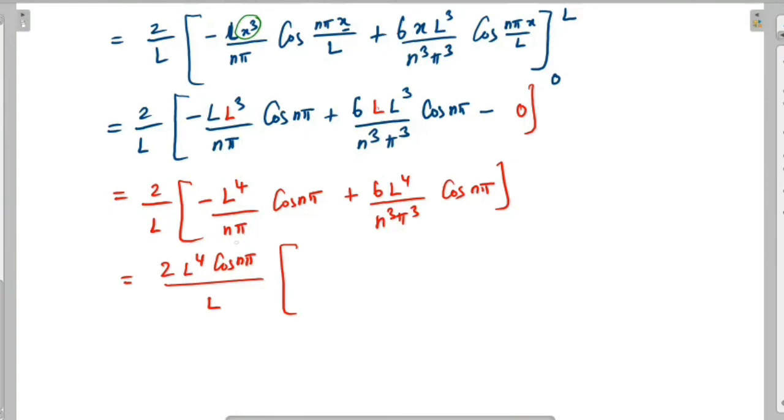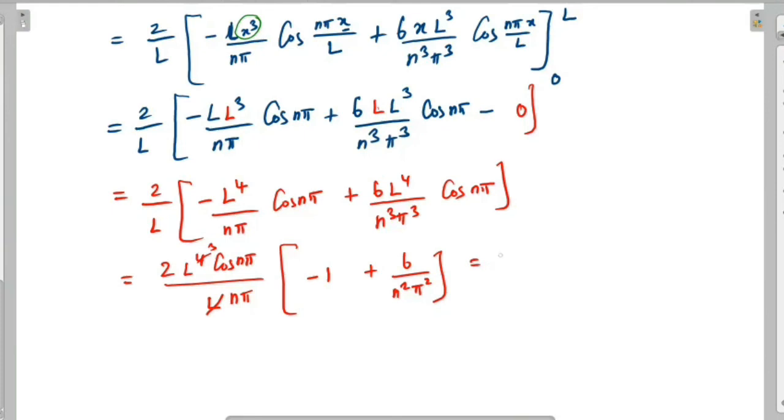If you take all those things, n pi is also common for these two terms. If you take, you may get minus 1 plus 6 by n square pi square. I think you can cancel these terms.